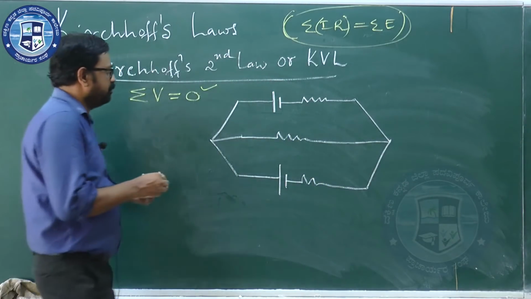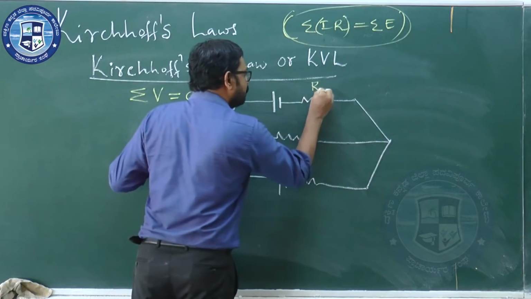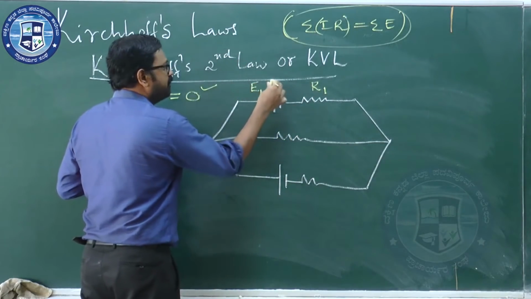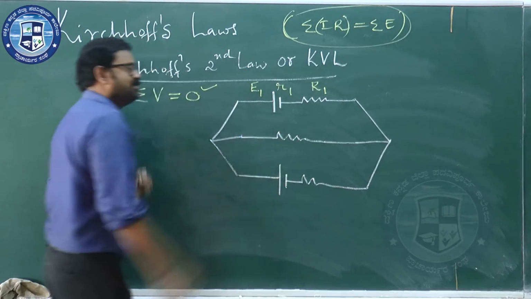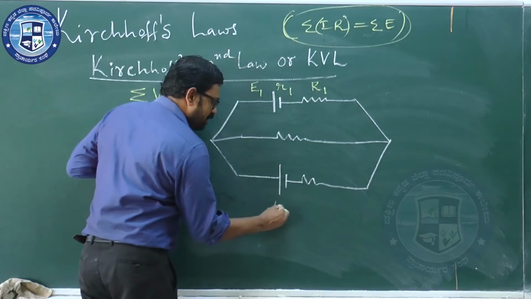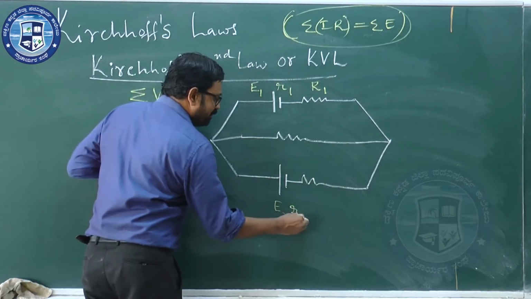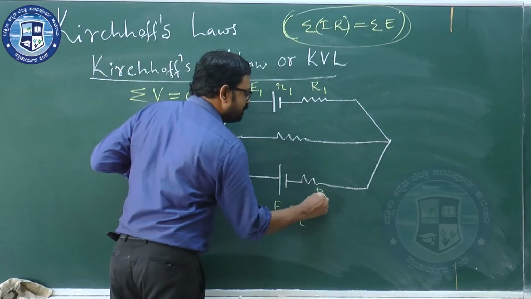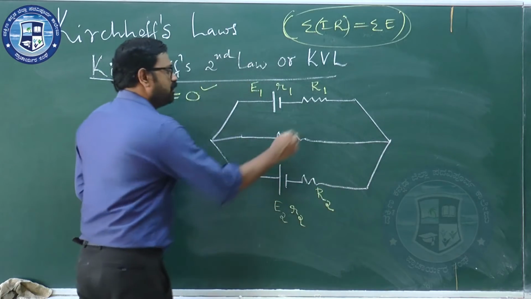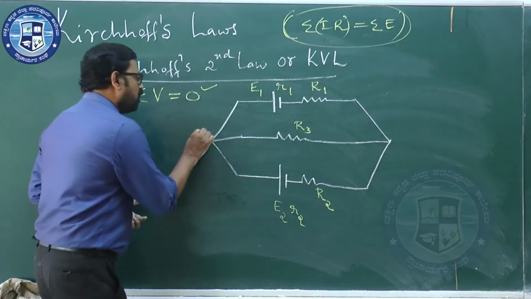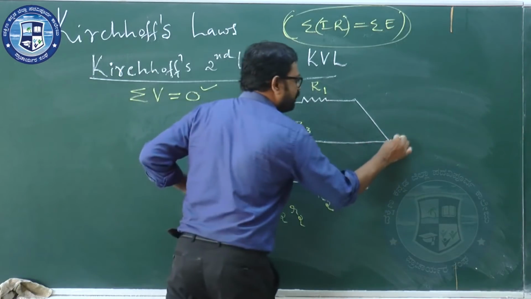The network which was given to you has got cells, has got resistors. For your reference, I will name this resistor as R1 and this cell is having an EMF E1. Let us say its internal resistance is small r1 and this cell has got an EMF E2. Let us say its internal resistance is small r2 and here there is a resistor of resistance R2 and here there is a resistor of resistance R3, and these corners have been named for our convenience.